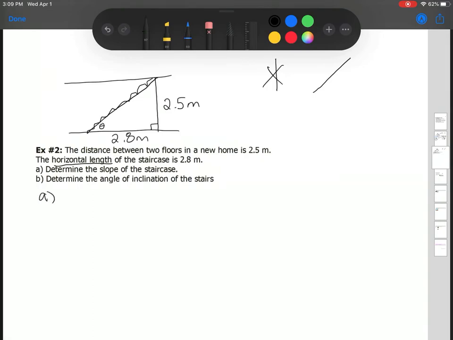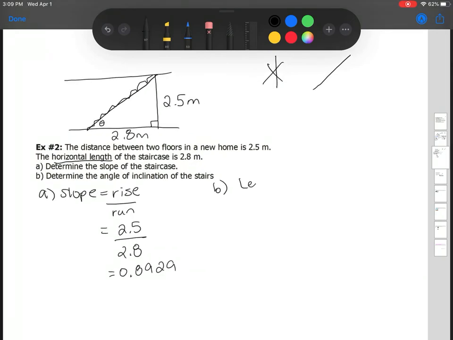Okay, so slope is rise over run. So the rise here is 2.5 and the run is 2.8. And then the next one is more like a traditional word problem. What is the angle of inclination of the stairs?